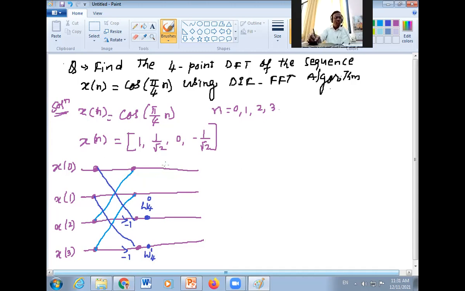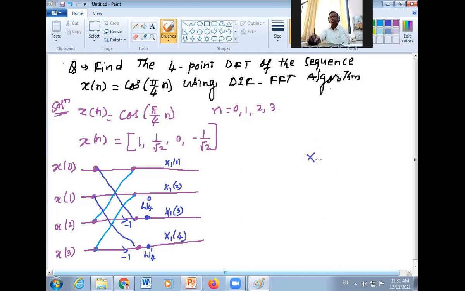We need to calculate the first stage values. Let us call them x1 of 0, x1 of 1, x1 of 2, and x1 of 3. First we'll calculate x1 of 0.